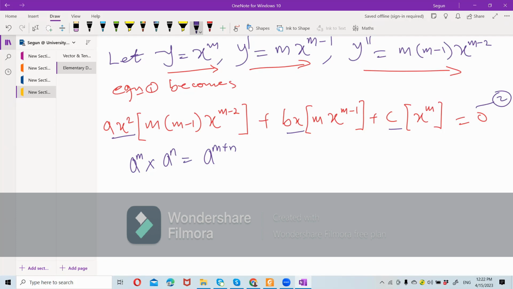Now, for equation 2 here, what we need to do is a raised to power x2 dot x raised to m minus 2. What do you have? Anybody? I need an answer, please. This is a 200 level class. Let's make it interactive.